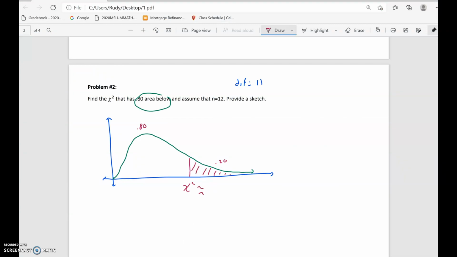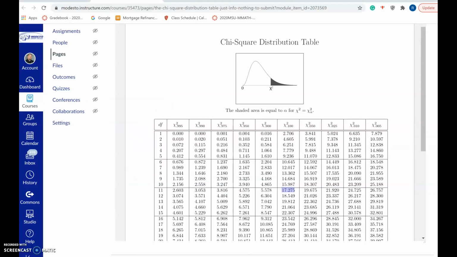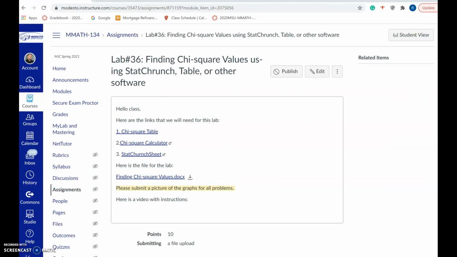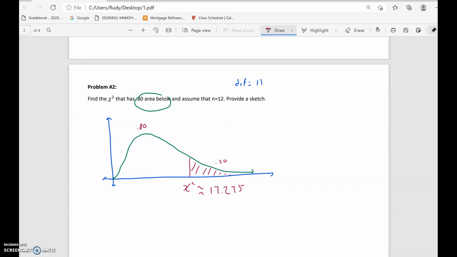So this is 17.275. Let me double check from the table. Yep, okay. Some of these are going to be way off using the table. So I'll just provide the disclaimer that technically this is from the table.